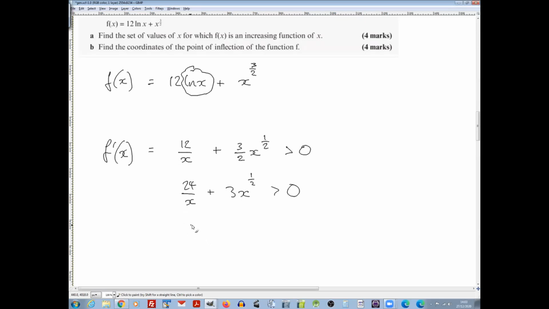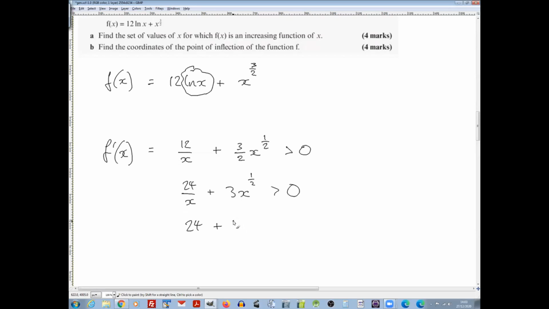Well, multiply through by x. Yeah. I guess. Okay. So 24. Yeah. Plus. You could say.